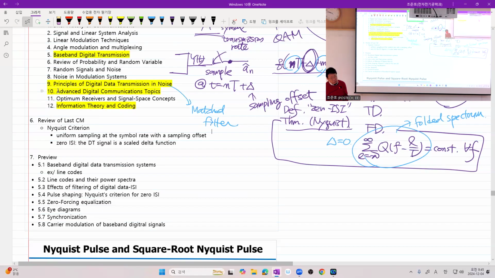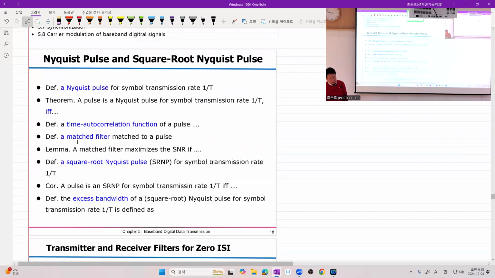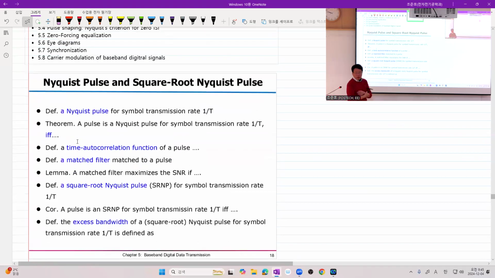And then I will list some terminologies you are going to see in the digital communications course, and spend one week, next week, on mostly information theory. That's my plan. So here goes the Nyquist pulse and square root Nyquist pulse.